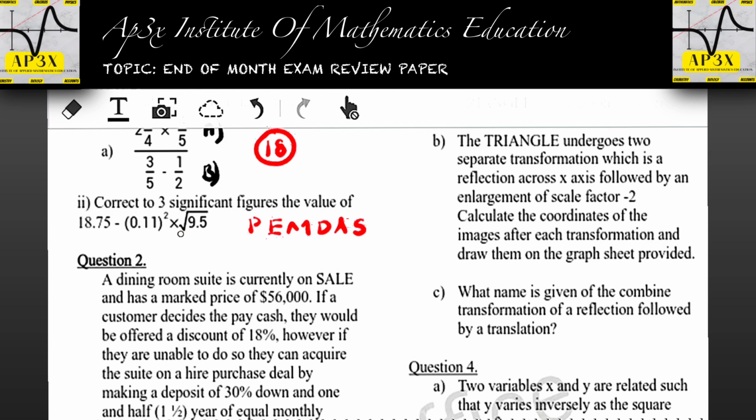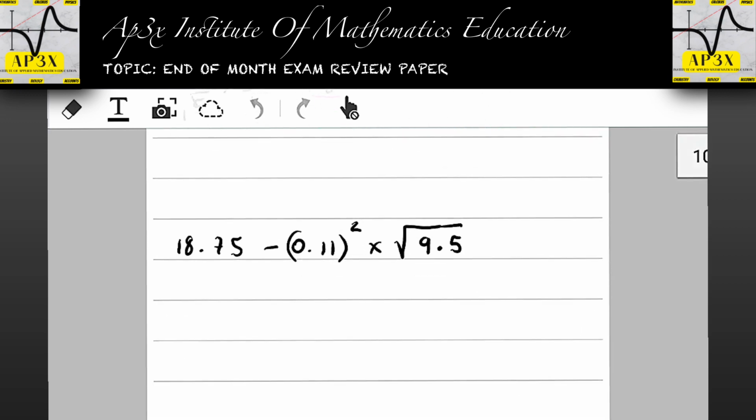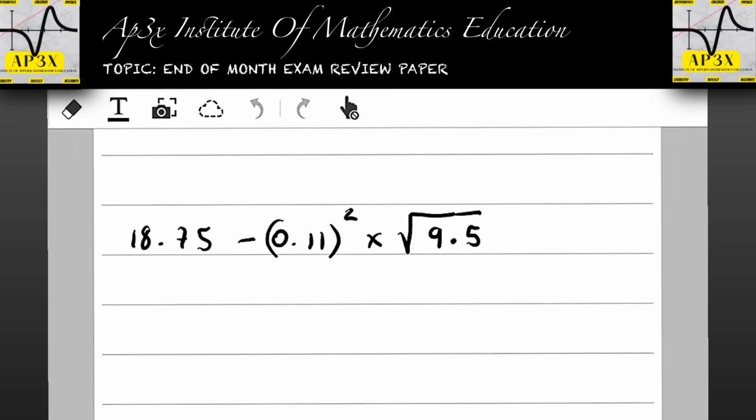So here we have subtraction, an exponent, multiplication, and also a root symbol. Let's take a fresh page and look at PEMDAS. There are no brackets here, so no parentheses to work with. Next we look at the exponent section.